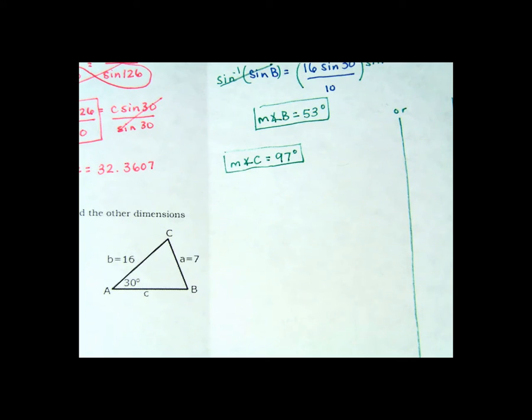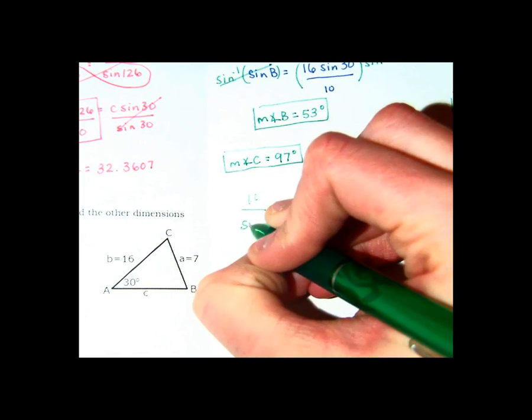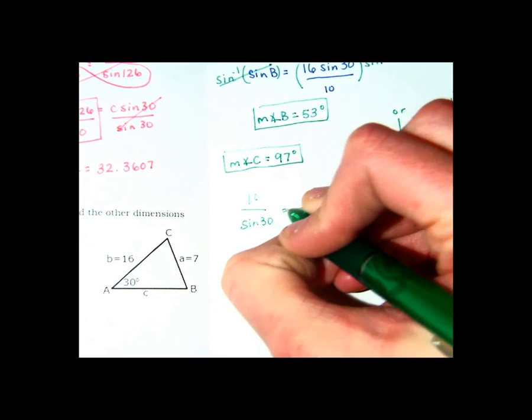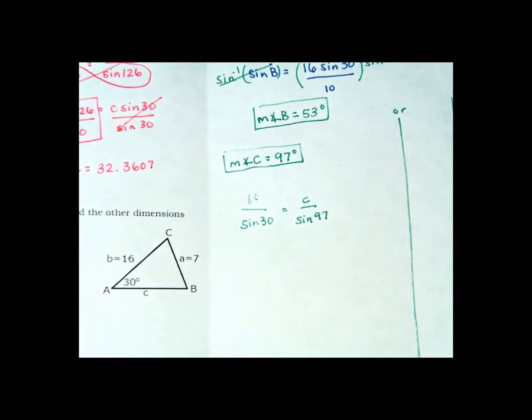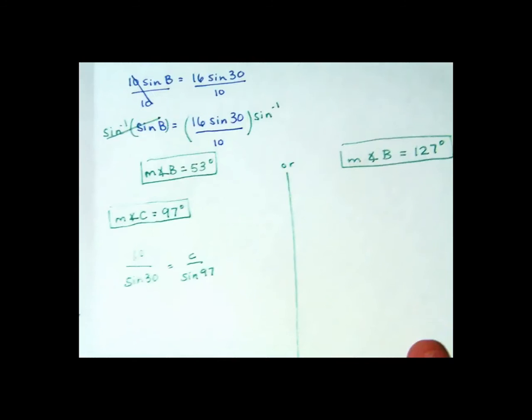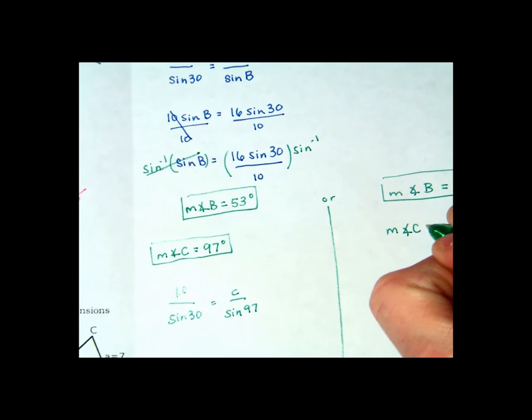Okay, how do you find side length C? Okay. I'm going to give you a minute to finish that. Before you finish that, what would be measure of angle C if B is 127?